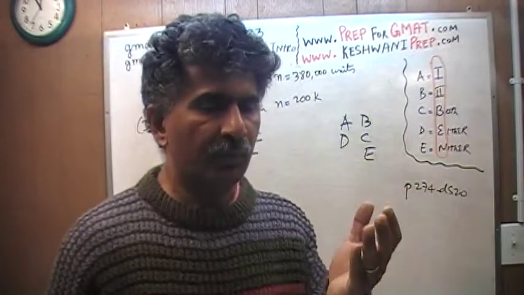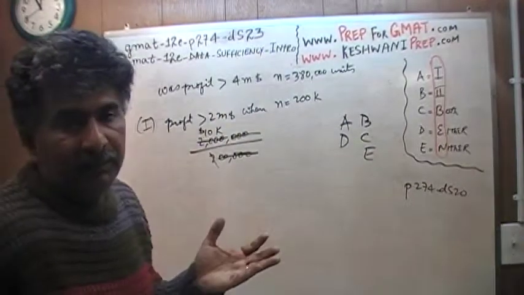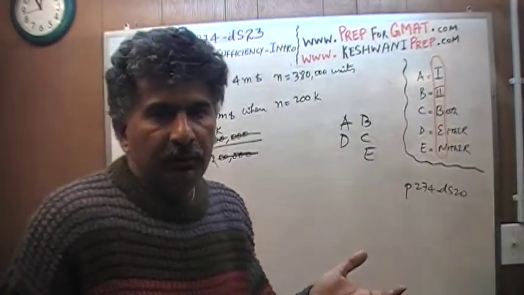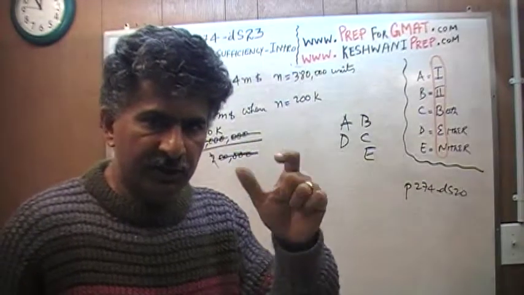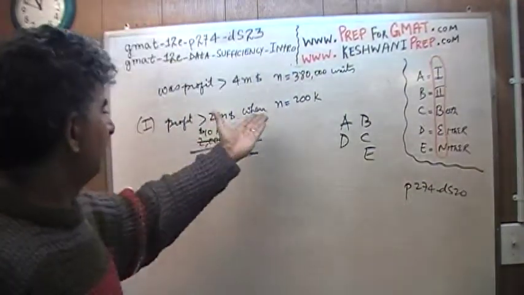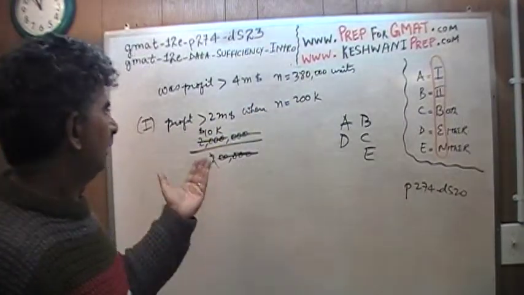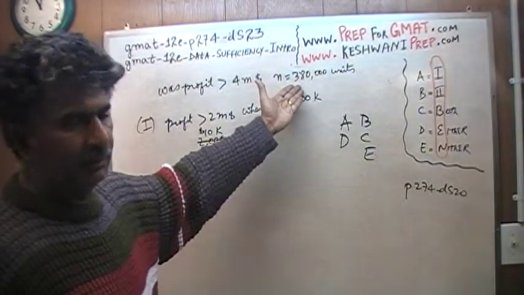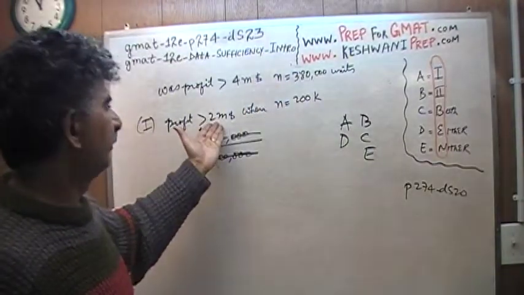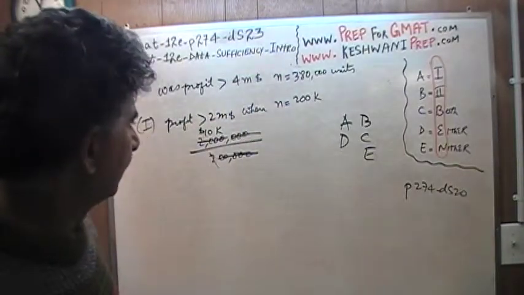But how much more than $10,000 per unit, we do not know. And besides that, as I told you, it's not strictly proportional. The profit does not go up by the same increment each time you sell each additional unit. So we cannot tell whether or not they made a profit of $4 million when they sold 380,000 units based on the fact that they made a profit of more than $2 million when they sold 200,000 units.